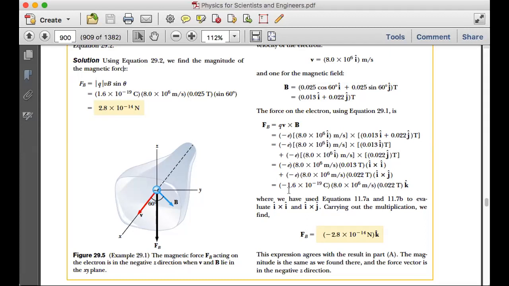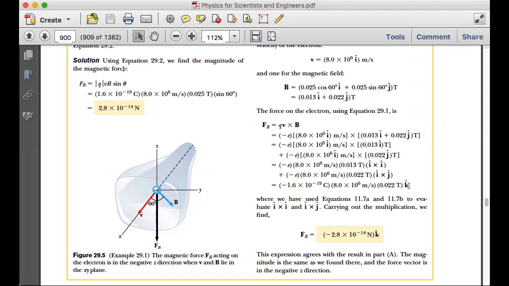About the cross product, we have unit vectors i, j, and k. i cross i is 0, i cross j is k. That you have to remember.